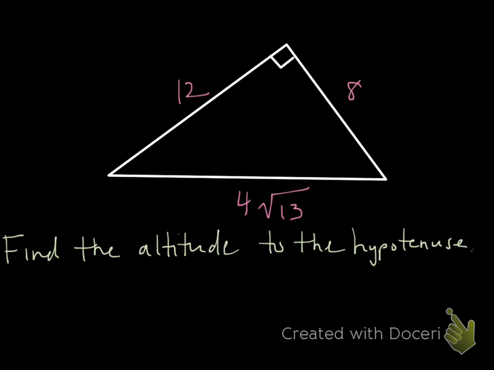In this case, it's asking me to find the altitude to the hypotenuse. So essentially what I'm looking for is from my right angle to the hypotenuse. And this, of course, will create a right angle. Okay? So I need to find this value here.